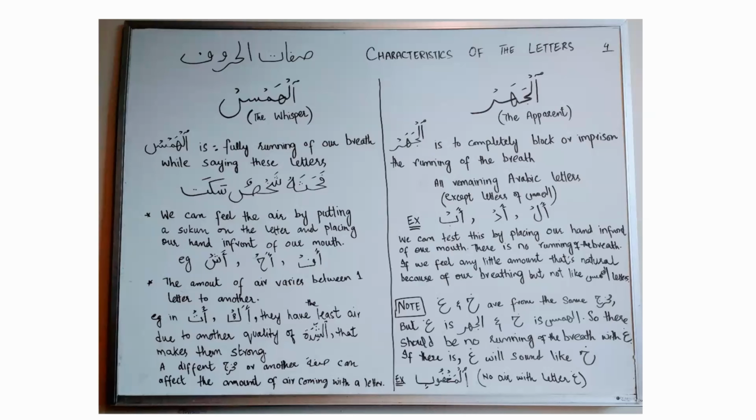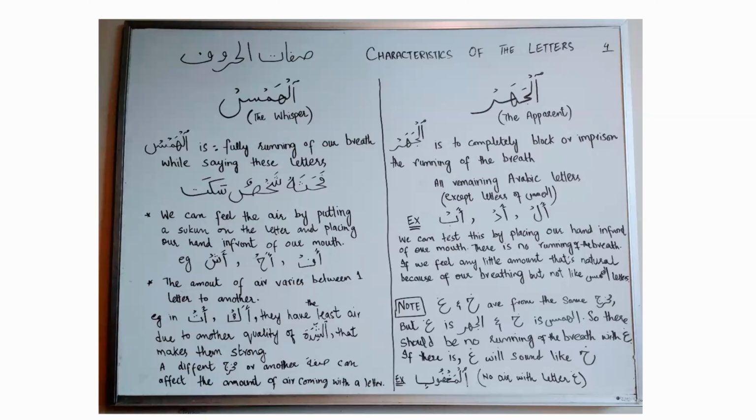While I was reciting these letters, you must have noticed that with letter kaf and letter ta, it was more like a short shot of breath, like this, ak, at. In the rest of the letters, your breath runs for a longer period of time, for example letter sheen, ash, letter tha, ath.